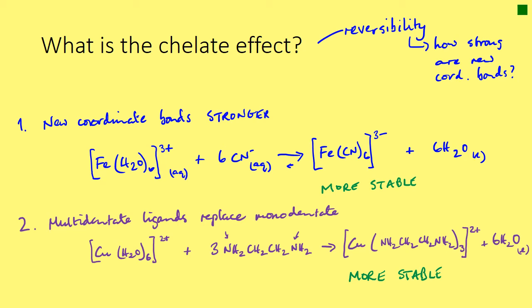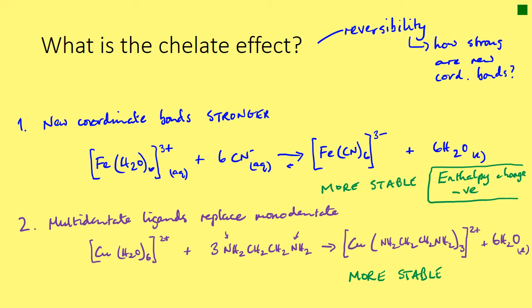So there's going to be a negative enthalpy change. It's going to be exothermic, and that means that the product is more stable and quite likely to happen. So the enthalpy change is negative, and that's what explains the first example being more stable.